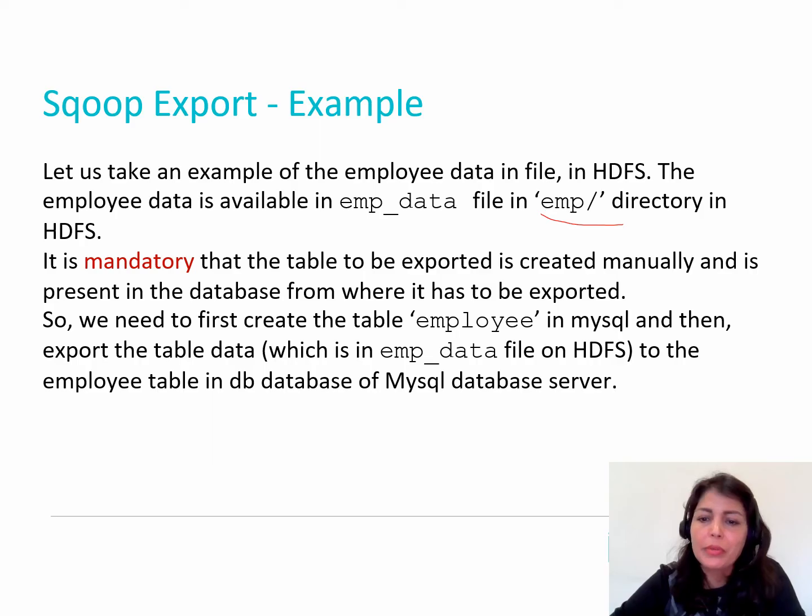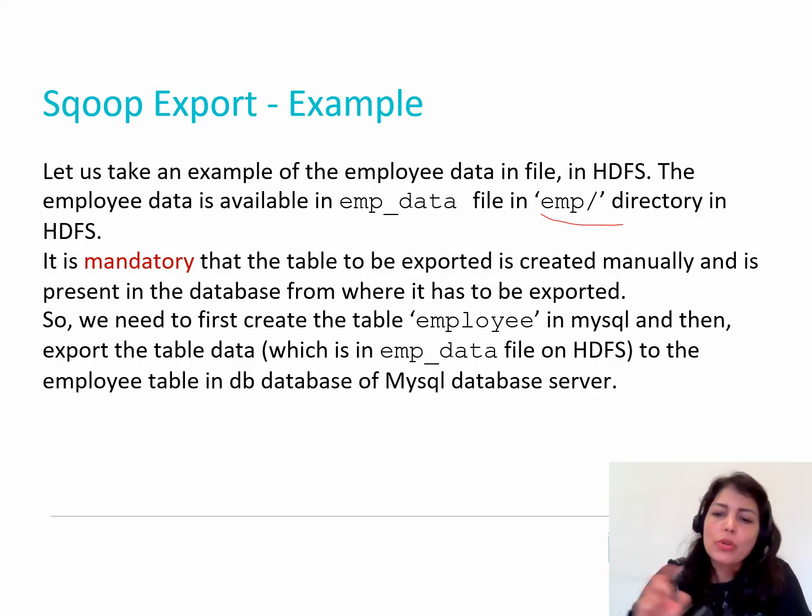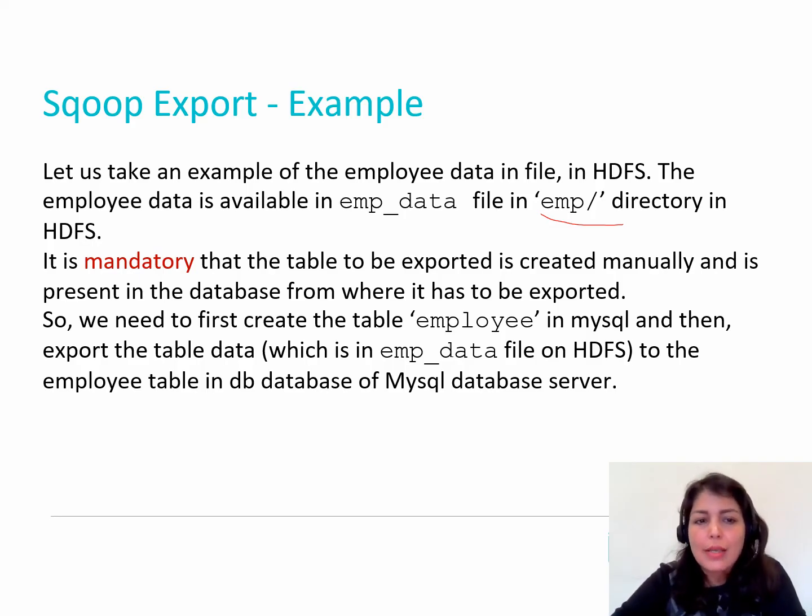Do you remember? Now we want to export this data back to the traditional database. As I explained, it's mandatory that the table to be exported to is available. If there is no existing table with this name, you have to create it manually, and make sure this table is present in the database.